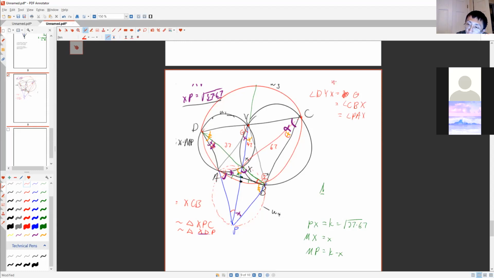So need to use C, Y, D collinear somehow. So we have a median and we have a symmedian. I don't know if we need to actually use facts about the symmedian.